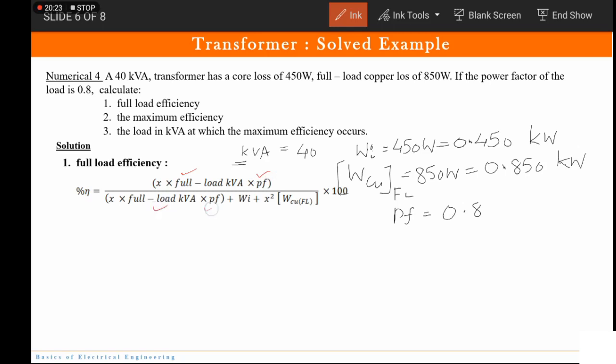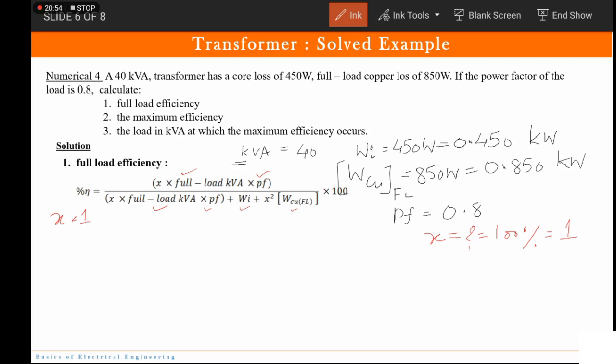Iron loss, copper loss, yes. But then what is X here? Now this is very important. Full load means the load is full. It means it is 100%, so the value of X becomes 1.